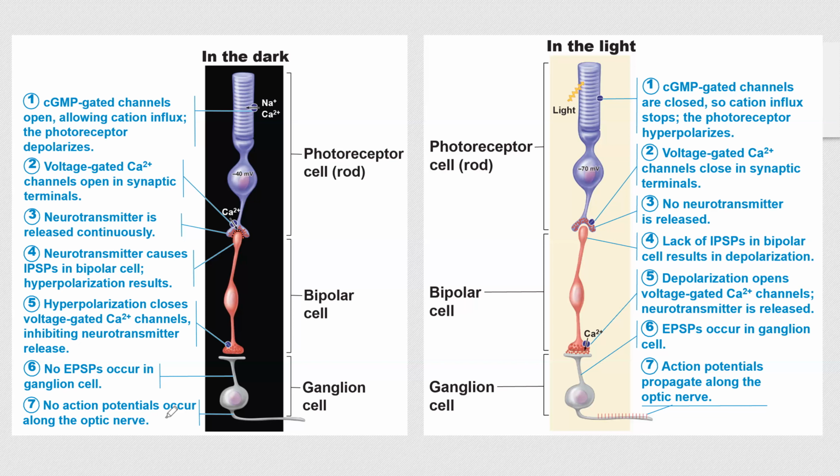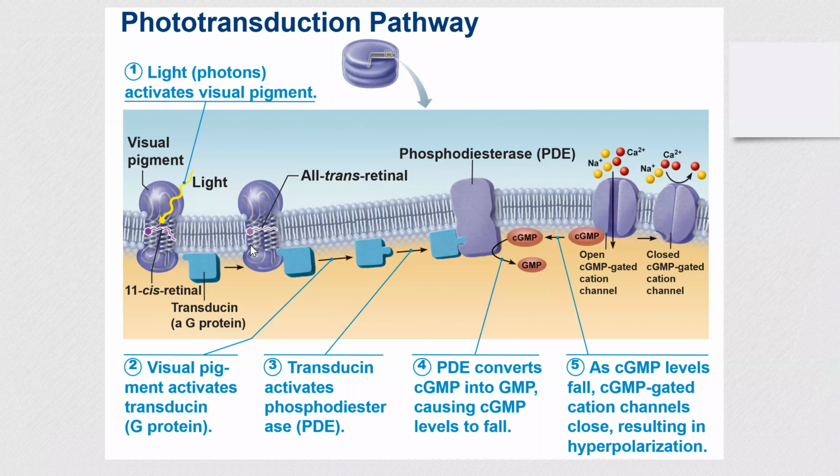Now, what happens in the light? Let's go back to the previous slide over here. In the light, when you have bleaching of pigment, when you activate G protein, and G protein activates phosphodiesterase, then you don't have this cGMP anymore and channels are closed. So sodium and calcium cannot move in, right?